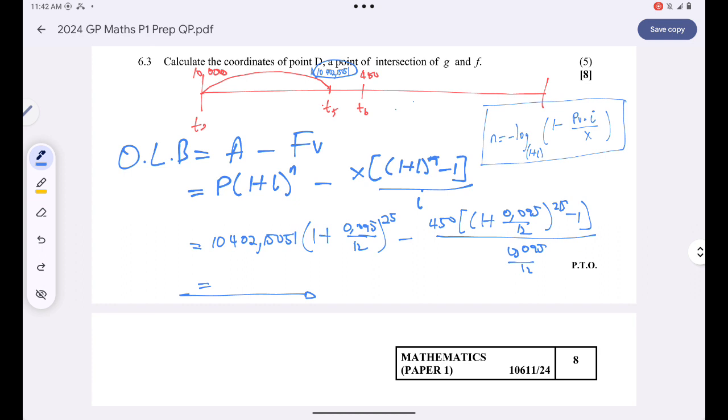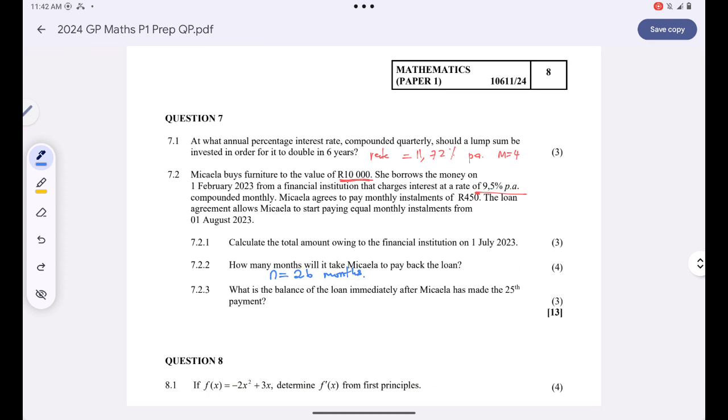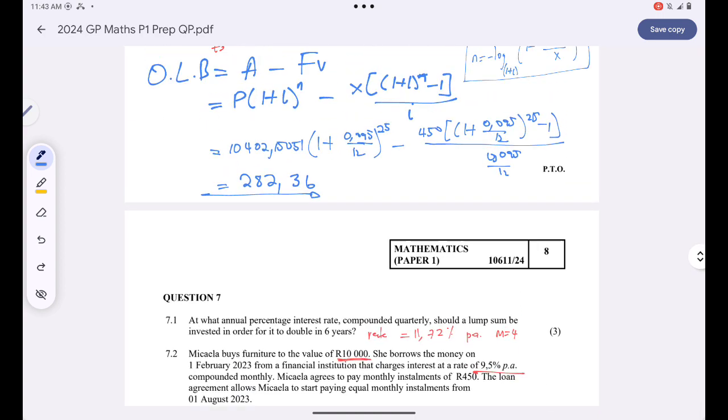So the amount of money that Michaela is owing is 282 rands 36 cents. So the amount Michaela needs to pay on the 26th payment is just 282 rand 36 cents. That's how we're supposed to tackle that question.